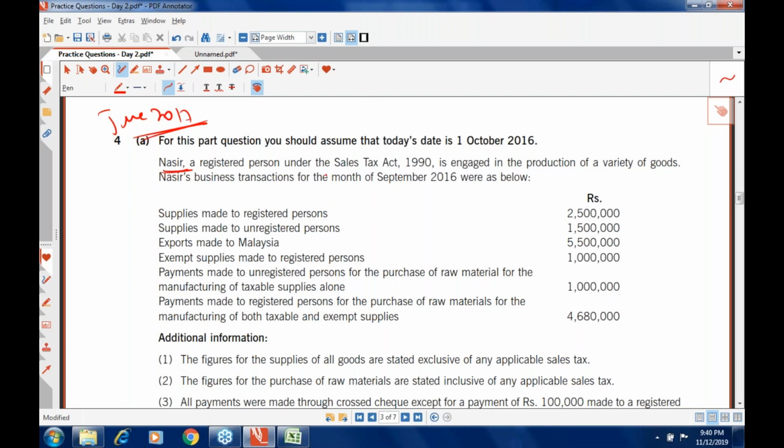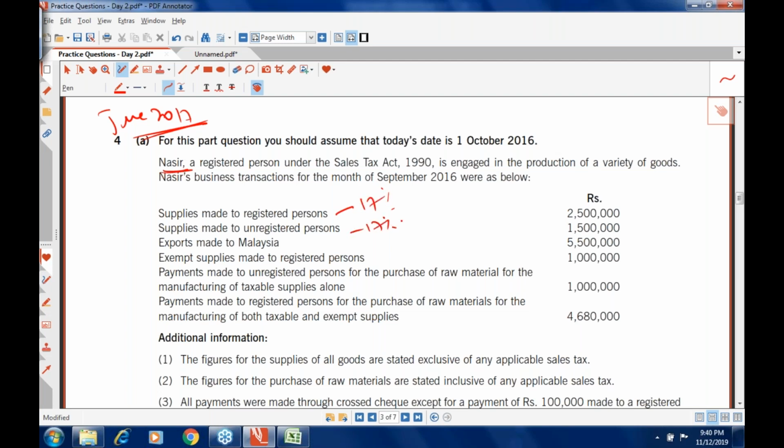Now, if I talk about this question, it says that Nasir is a registered person under the Sales Tax Act 1990 and is engaged in the production of a variety of goods. Nasir's business transactions for the month of September 16 were as below. Supply is made to registered person: 17%.